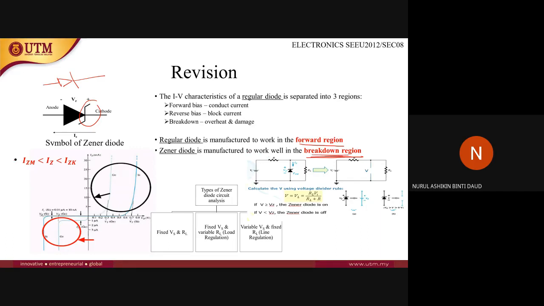This is very important for you to know. IZK is the minimum current value for the Zener to work, and it cannot exceed IZM.